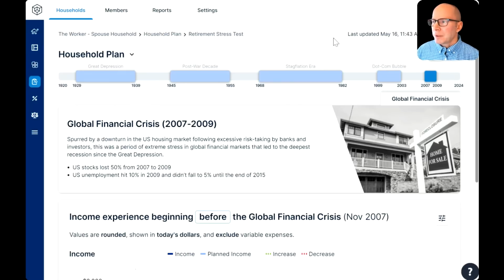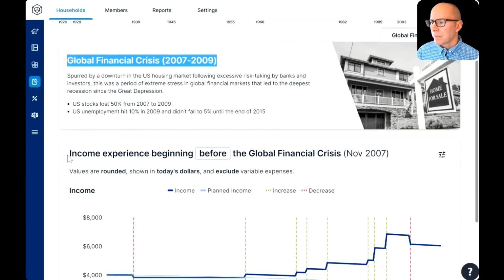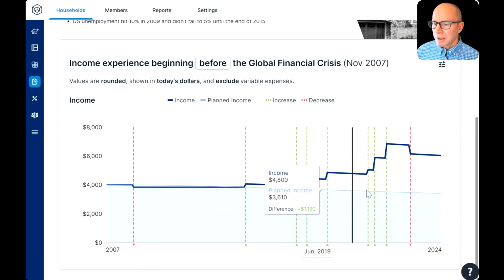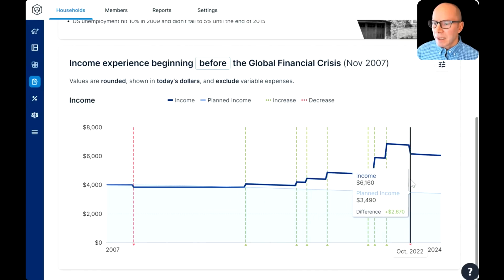So it might be helpful to evaluate different historical events like the GFC here. If you had this type of plan set up, you were going to make some cut here going down a couple $100 there, but eventually the spending could go back up until we had a little bit of a problem here in 2022.